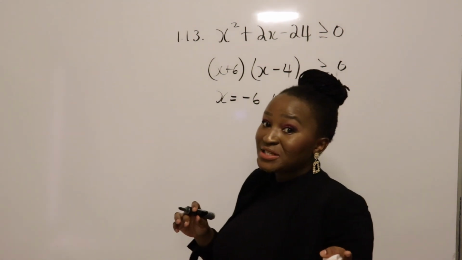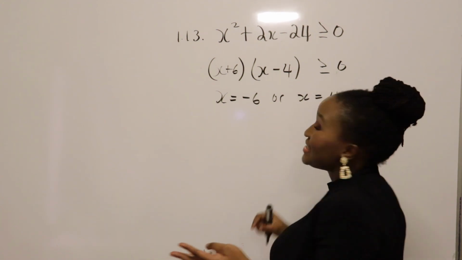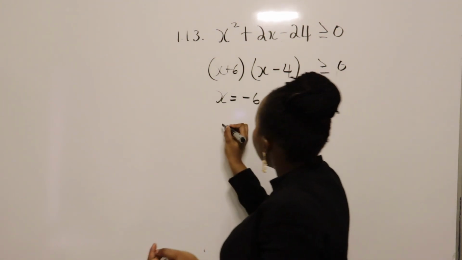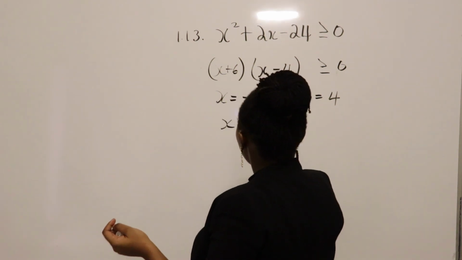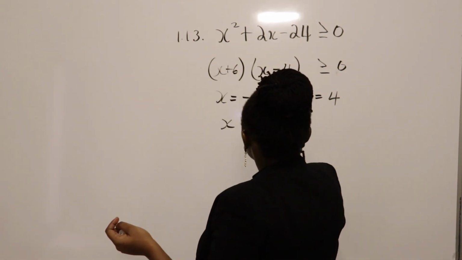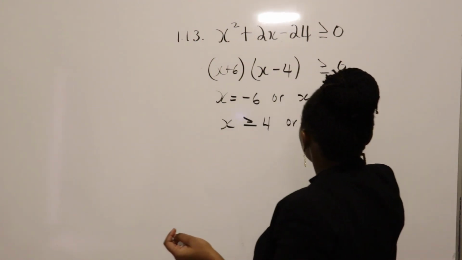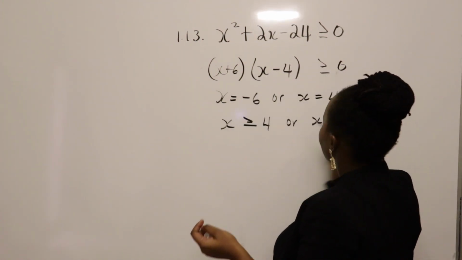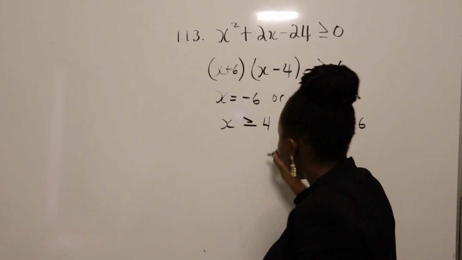Now we need to represent it correctly. Our inequality is greater than. So our final answer will be x is greater than or equal to 4, or x is less than or equal to minus 6. So now let's represent this in a graph.